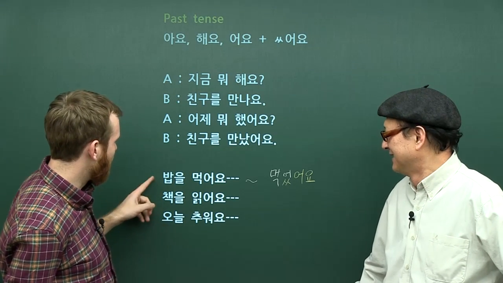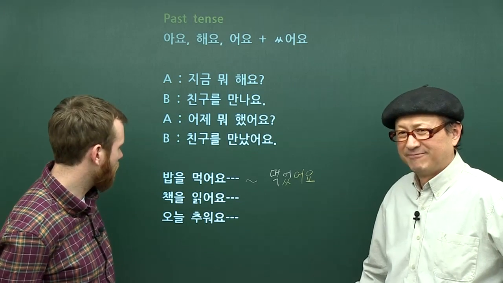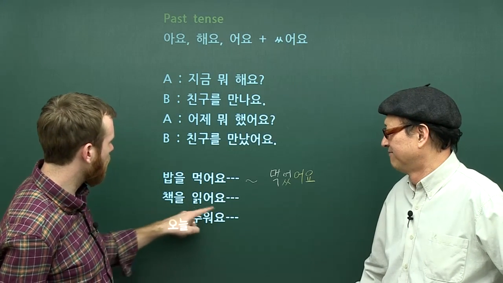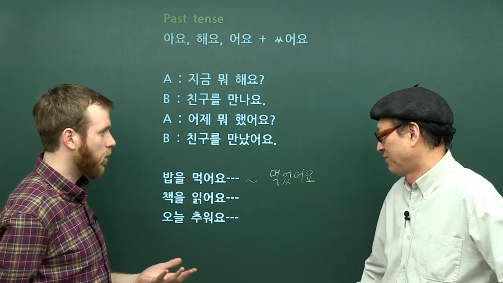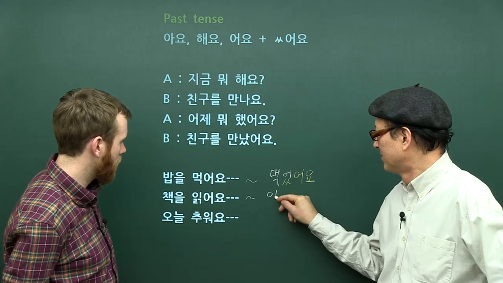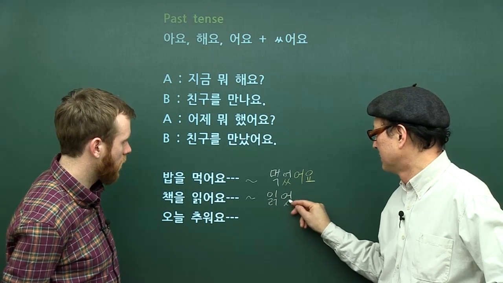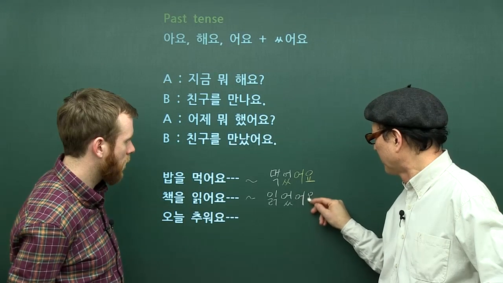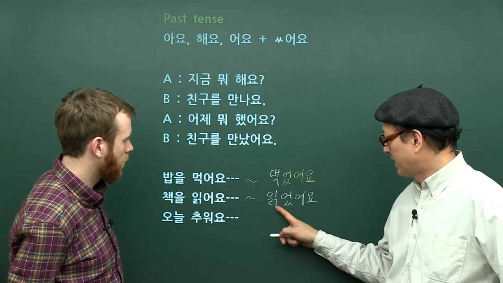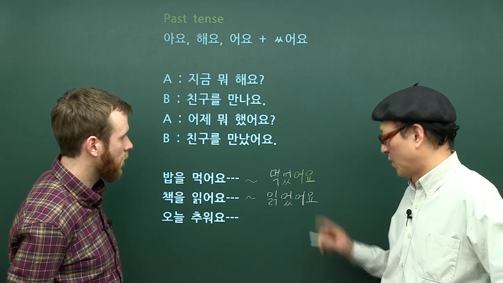Okay, so our next example. 책을 읽어요. So 책을 읽어요 means to read a book. So to talk about that in the past, 읽었어요.